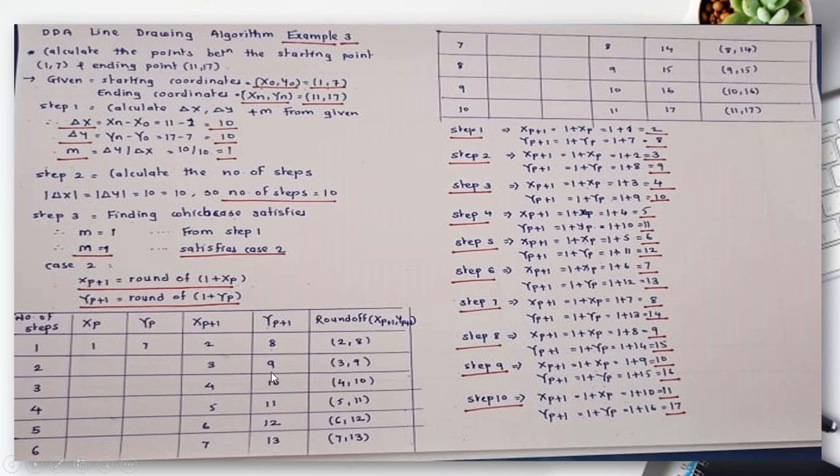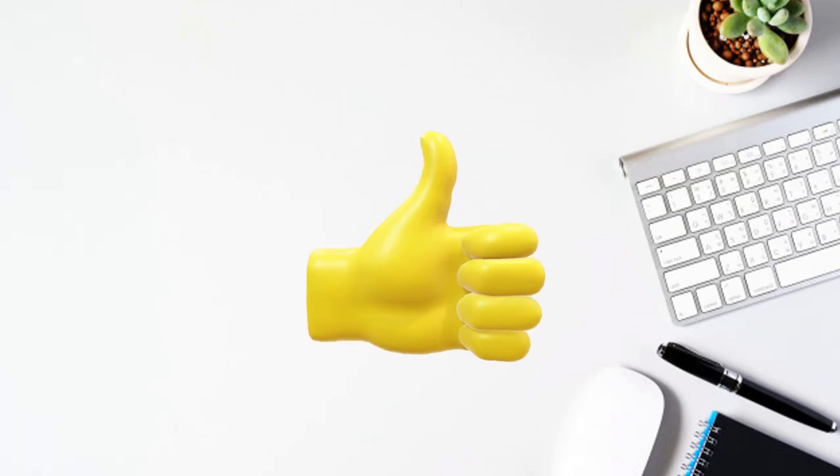So the next values are 3 and 9. And we are going to repeat these steps until we have the ending point coordinates 11 and 17. So these ending point coordinates we will get after step 10. I hope you understood all these examples. Thank you.